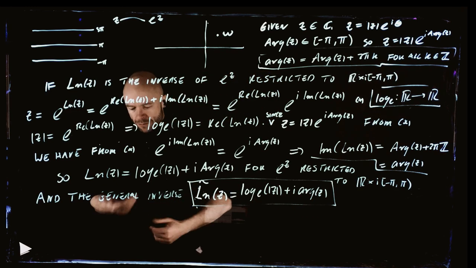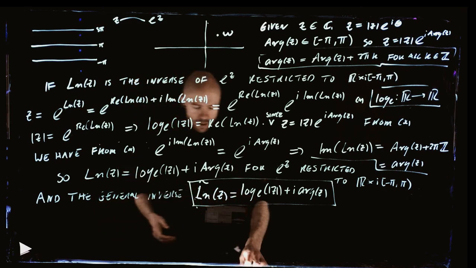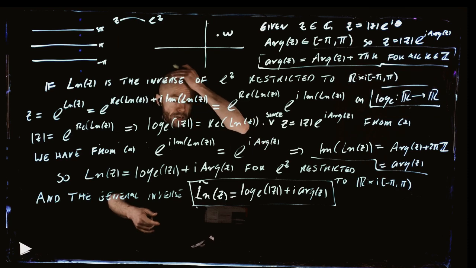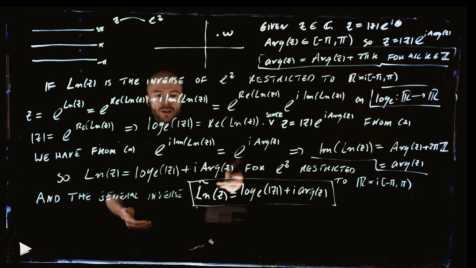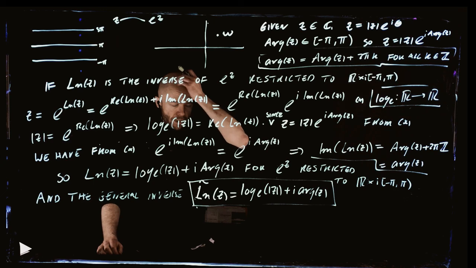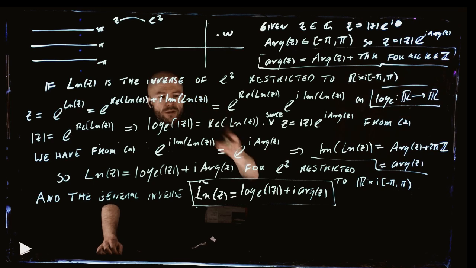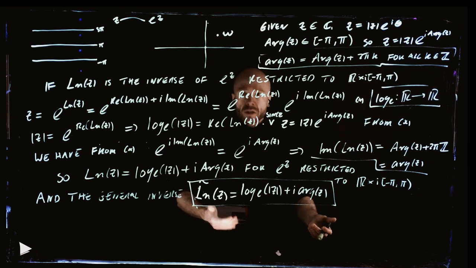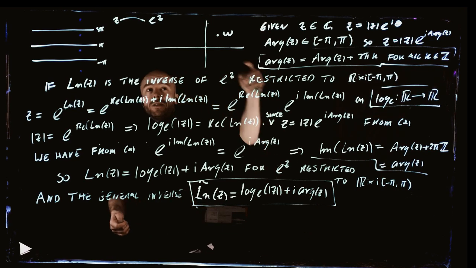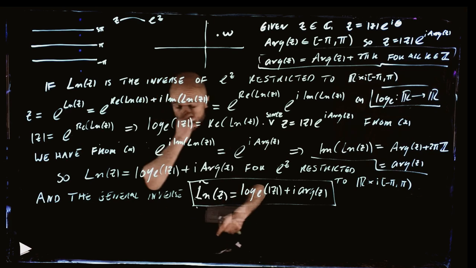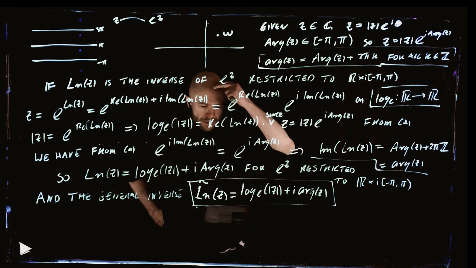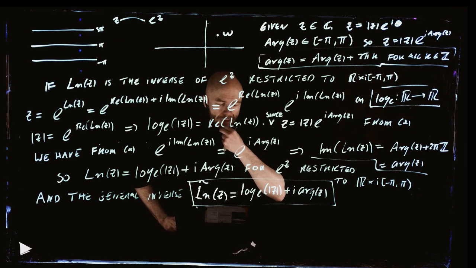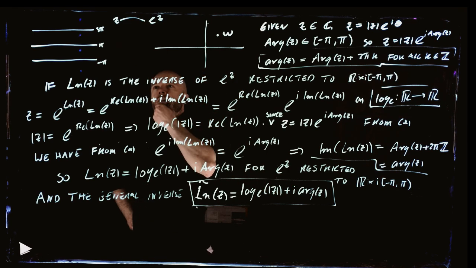This was initially a concept that was somewhat difficult, took a while to develop. And one of the reasons for developing it was to try and understand things like this, because if we don't want to think about this as a function which is mapping one to many, if we want to understand this as a function that is actually one to one, then we can't map it back into the complex plane.